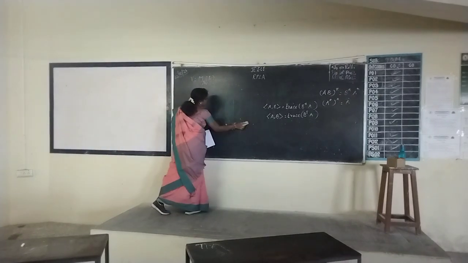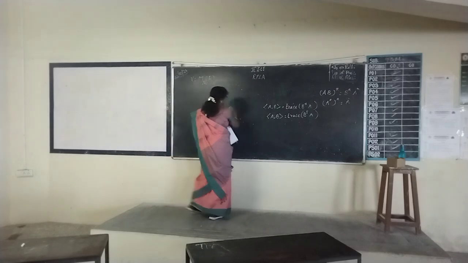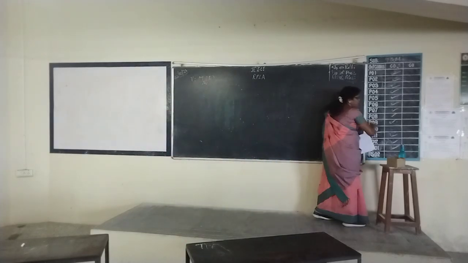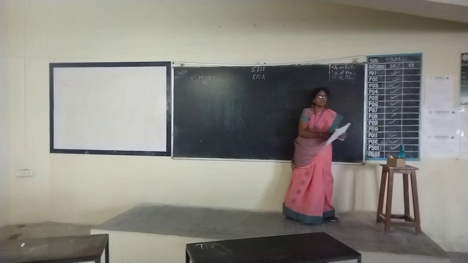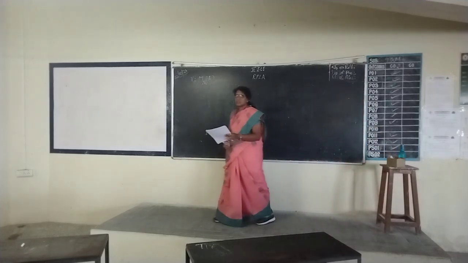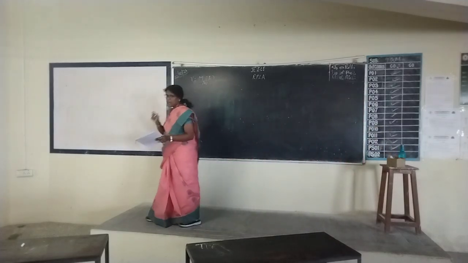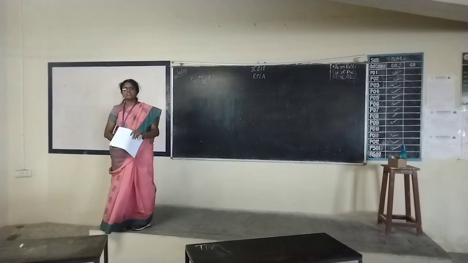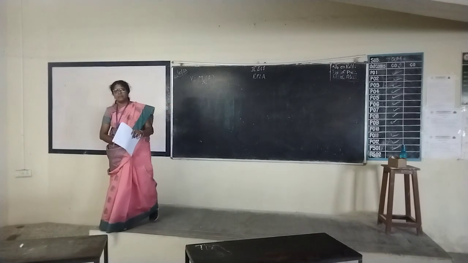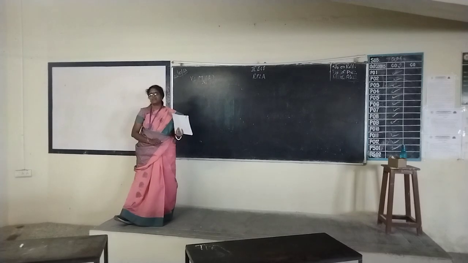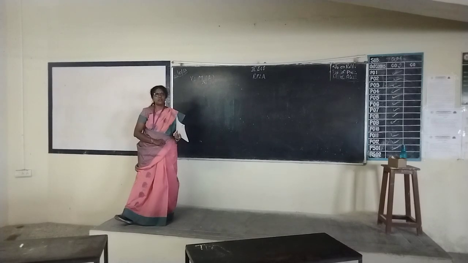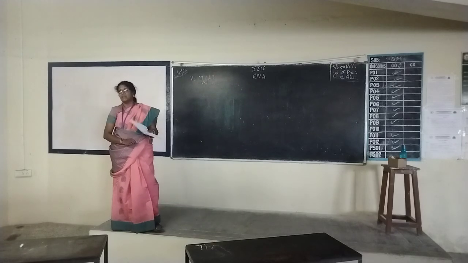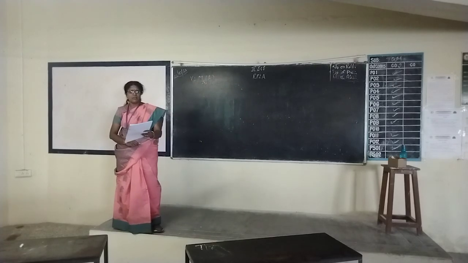Where F is R or C. What is R? Real system. What is C? Complex. So the elements can be both real numbers as well as complex numbers.